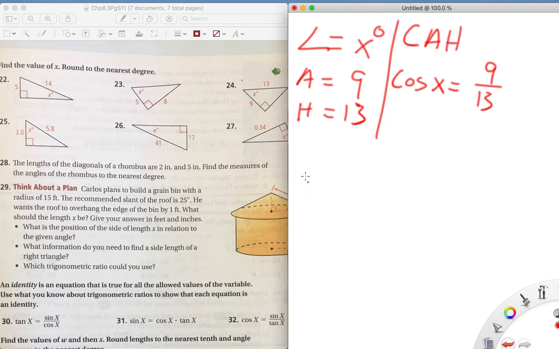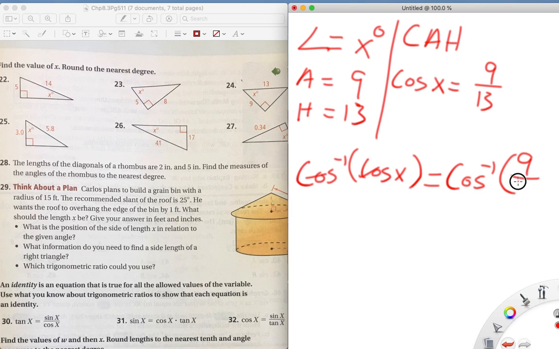Again, I'm going to inverse cosine both sides. And remember, you don't have to write this part if you don't want to. What I do on one side, I do to the other. So inverse cosine is 9 over 13. So x is equal to the inverse cosine of 9 over 13.